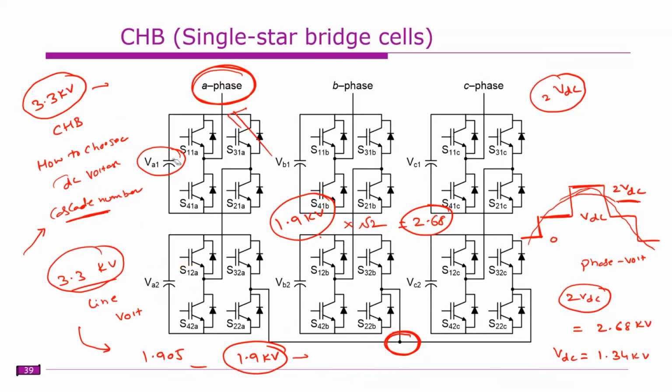The meaning is, if you choose this VDC as 1340 volts and this is at 1340 volts, if you have two H bridges per phase, then approximately you will get a phase voltage of 2.6 kV and a line voltage of approximately 3.3 kV.